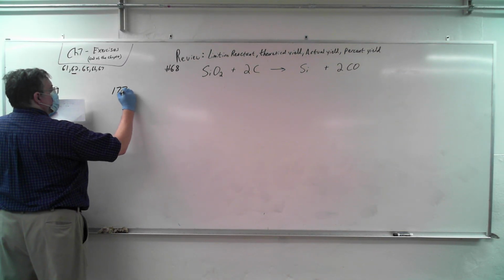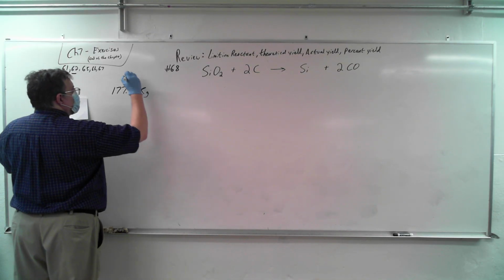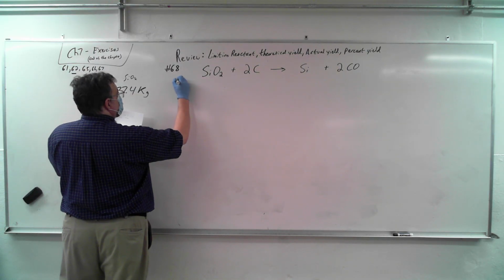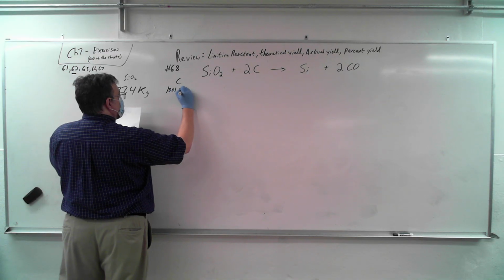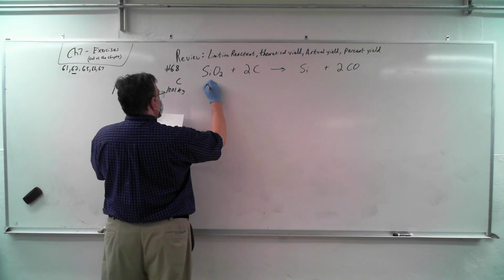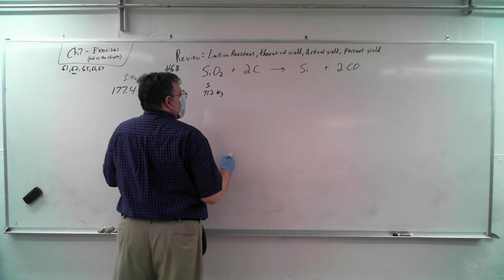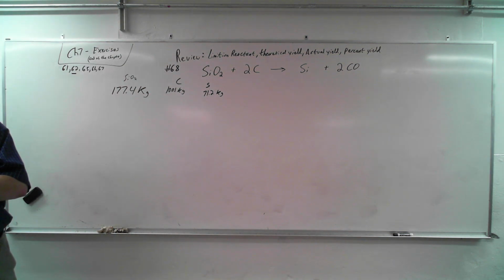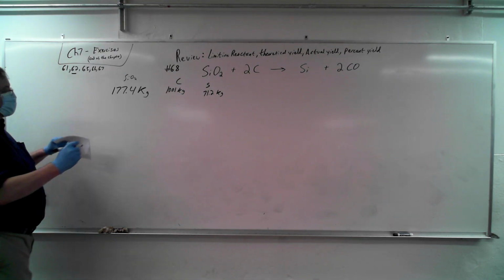They're telling us the kilograms of SiO2. They're telling us for carbon, and then for the product silicon, they're saying 71.2 kilograms. Since the periodic table is in grams, aka grams per mole, let's just go ahead and turn these into grams, and then we'll move forward.